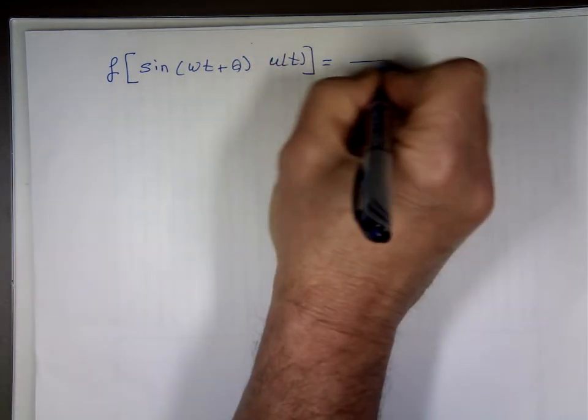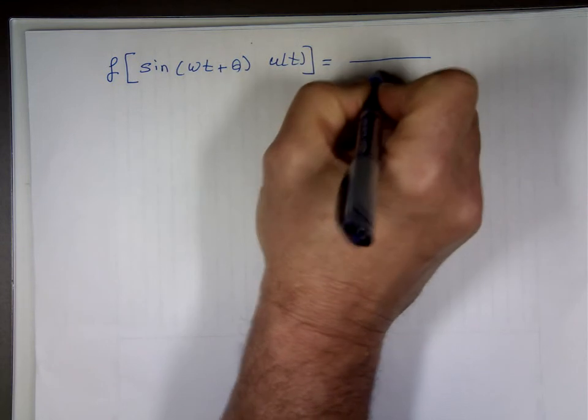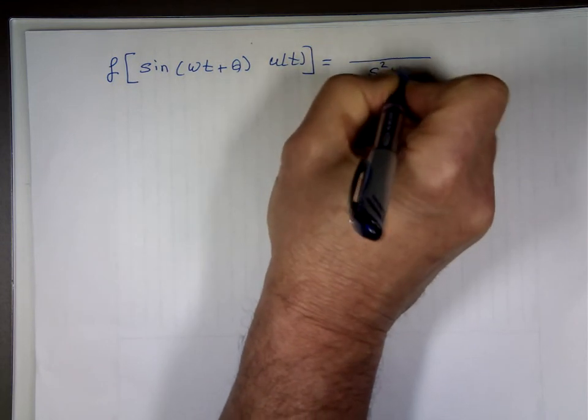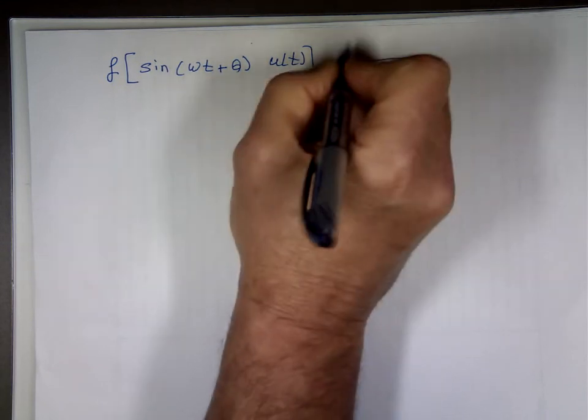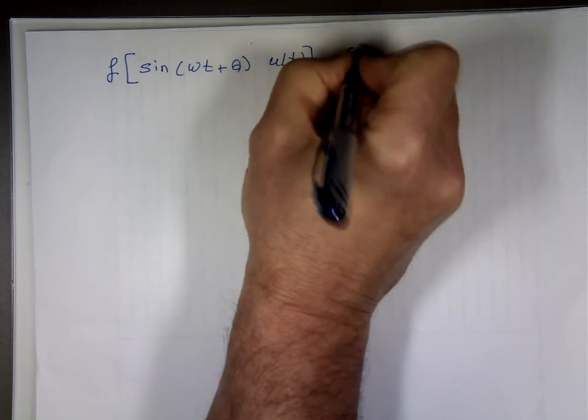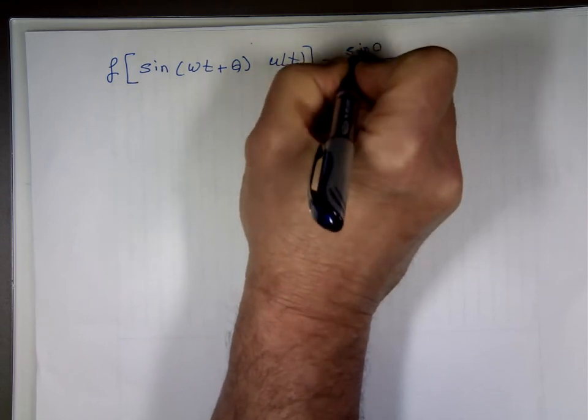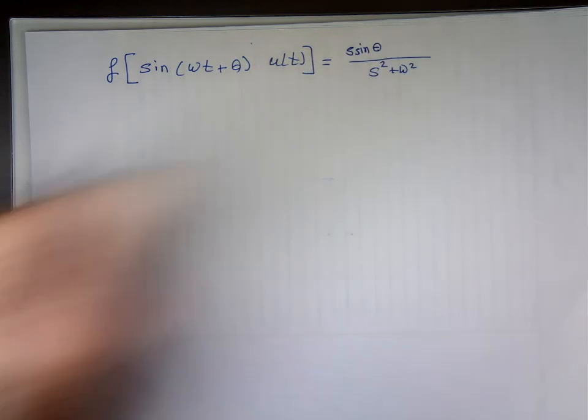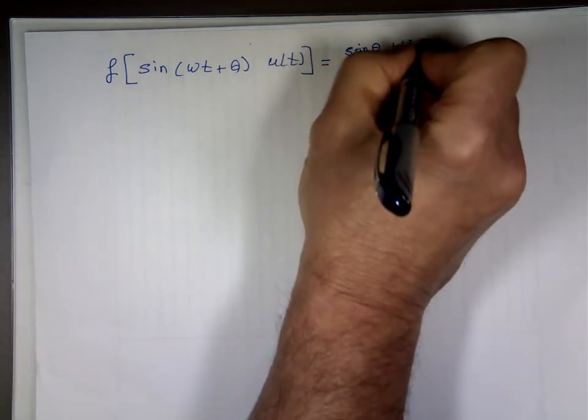The bottom is s squared plus w squared, but the top is going to be s times the sine of theta plus w cosine of theta.